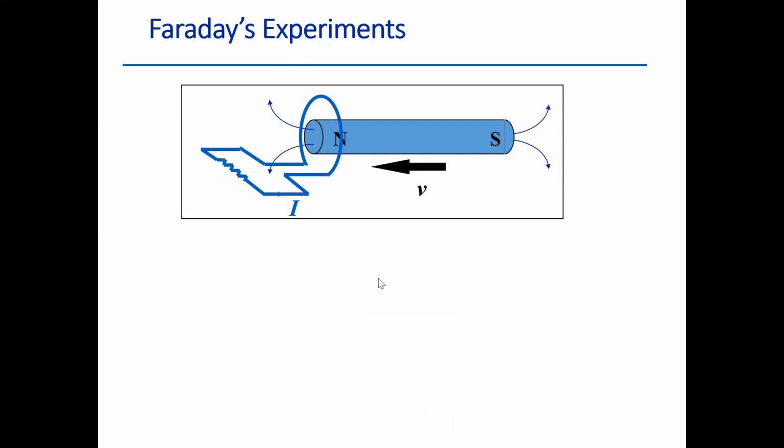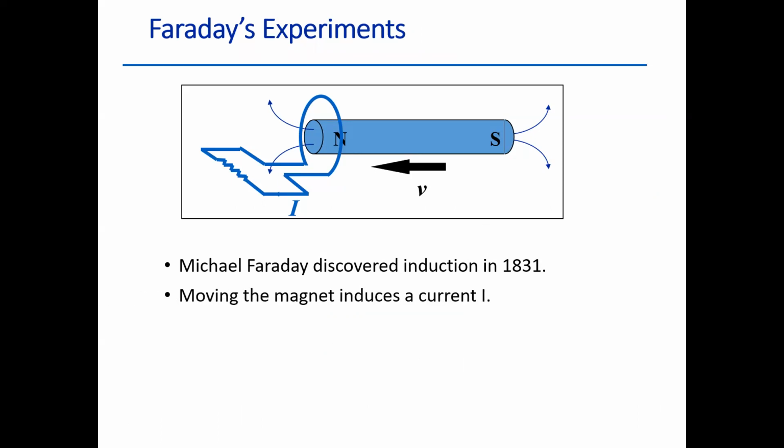So Faraday did several experiments to reach these conclusions. And he discovered that way back in 1831, which is basically the foundation of most of the electrical devices around us, from your fan to the motors that propel most of the devices around us.